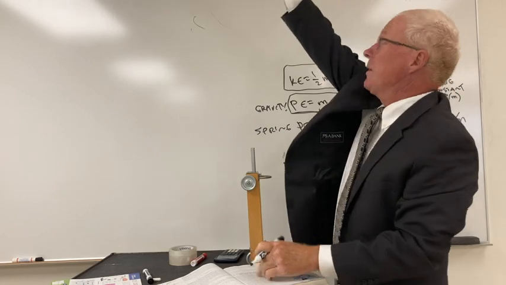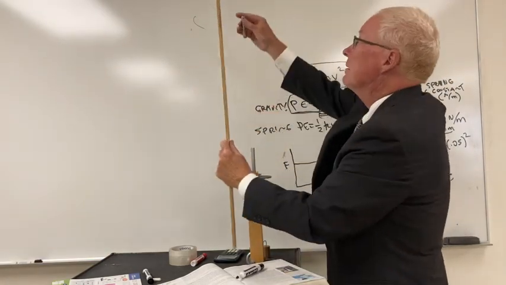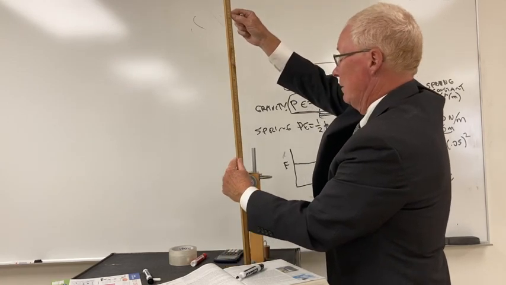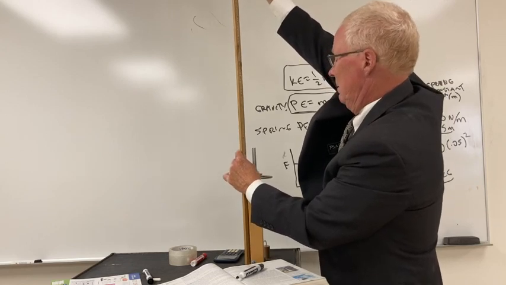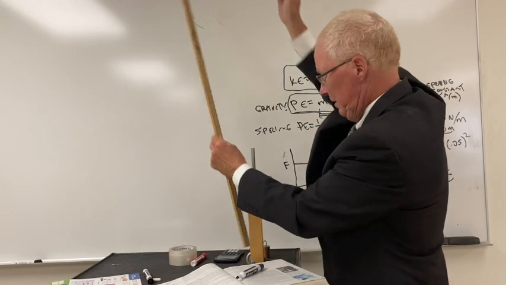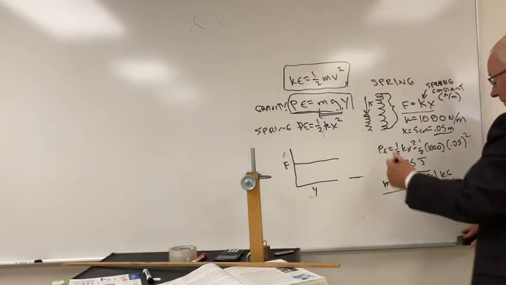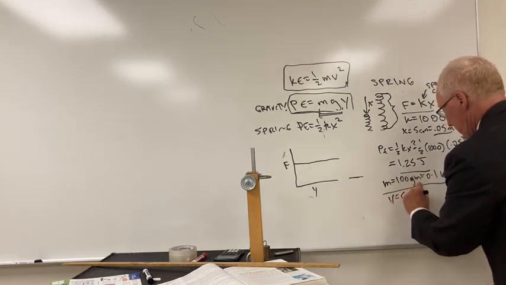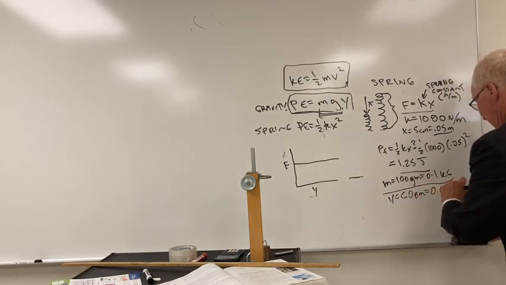It goes up about this high, which is roughly 60 centimeters. So rise is a height of 60 centimeters, y, which is 0.6 meters.